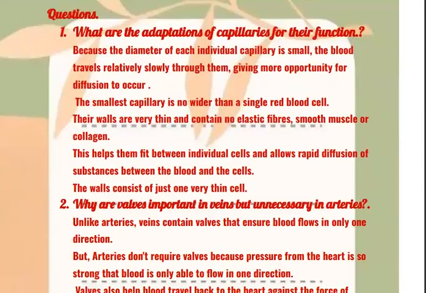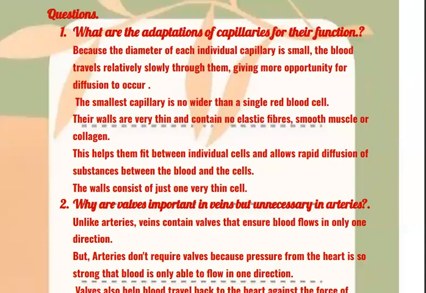Questions. 1. What are the adaptations of capillaries for their function? Because the diameter of each individual capillary is small, the blood travels relatively slowly through them, giving more opportunity for diffusion to occur. The smallest capillary is no wider than a single red blood cell.